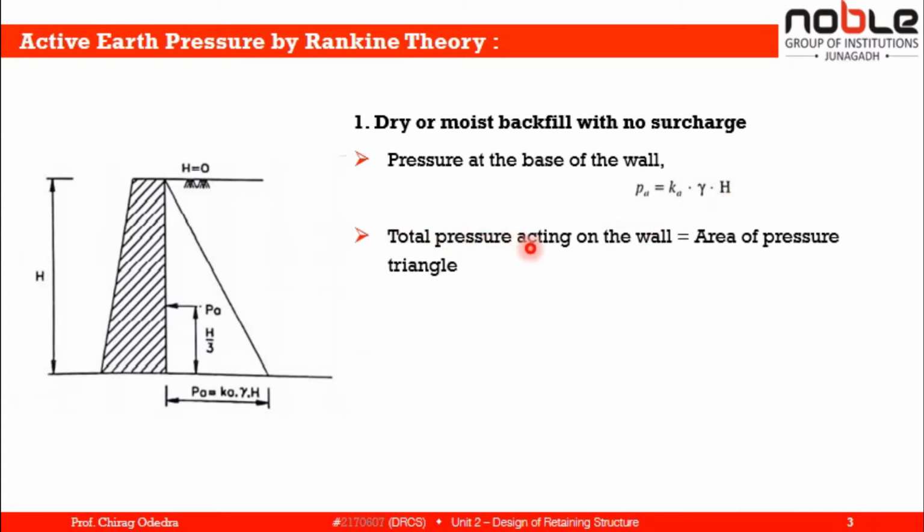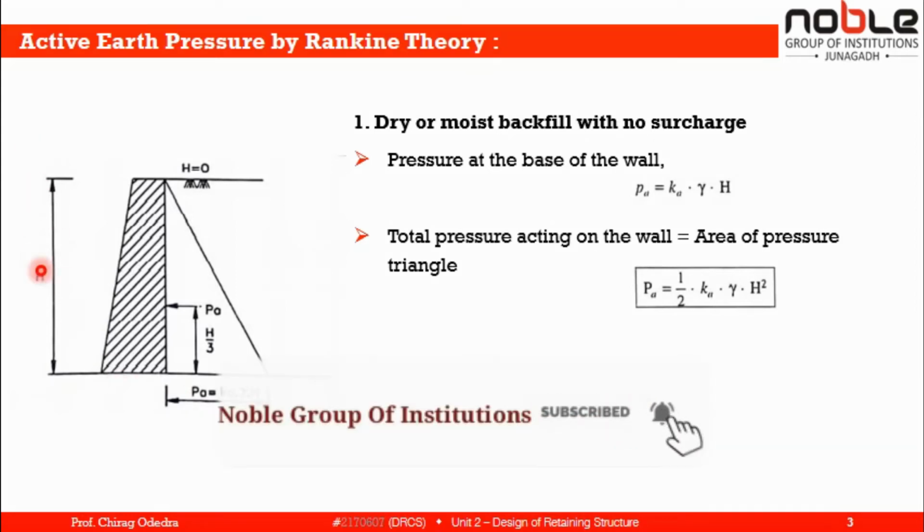The total pressure acting on the wall is equal to the area of the pressure triangle. We are talking about this triangle. We all know that the area of a triangle is 1/2 × base × height. Here the base is Ka γ h, and height is h.